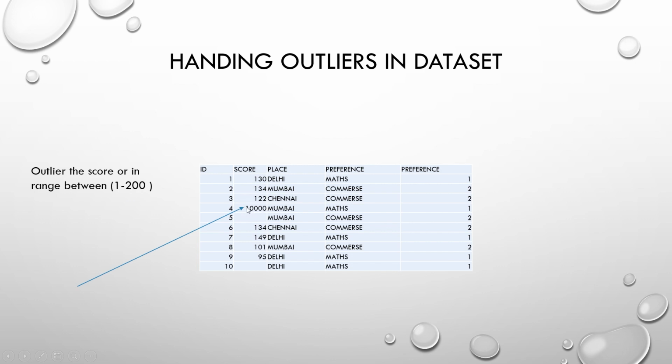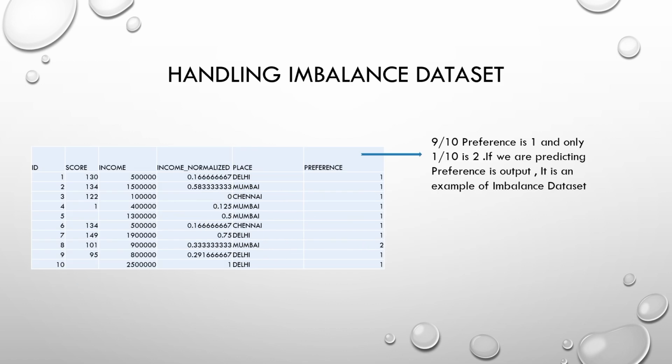And if you develop the model with this garbage value, definitely it can impact the model performance. So what we do basically is detect the outliers and then replace them with the mean, median, or mode, whatever techniques we use for missing values, the similar technique we can apply. So this is nothing but handling outliers in the data set. This is the fourth pre-processing check that we should definitely do while creating the model. I think we are clear with this pre-processing task as well.